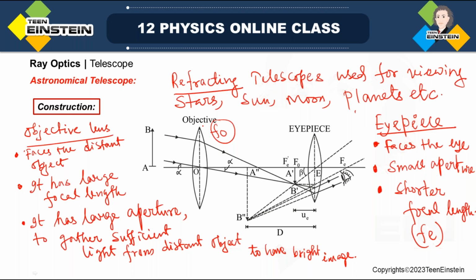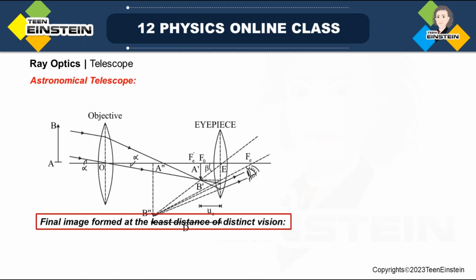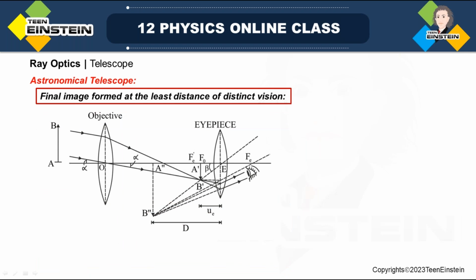So there are two settings of the telescope, just as we have learned for the microscope. First we'll discuss when the final image is formed at the least distance of distinct vision.